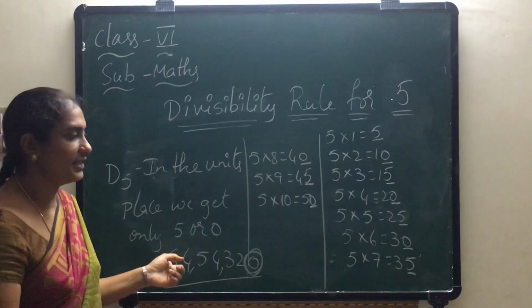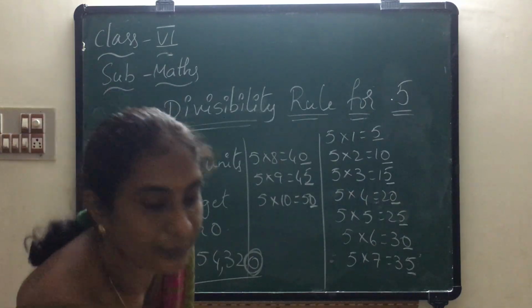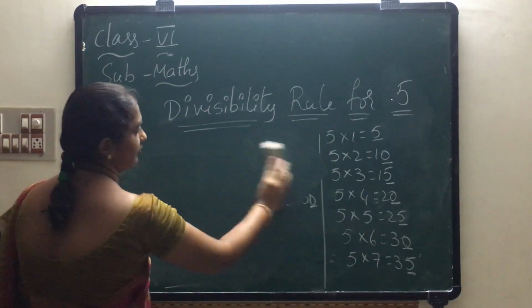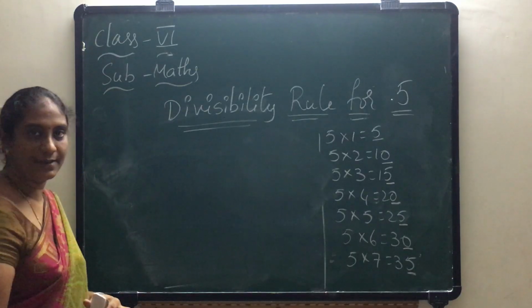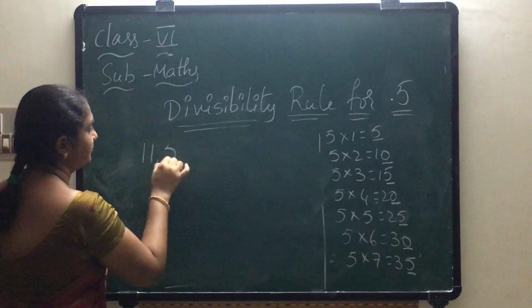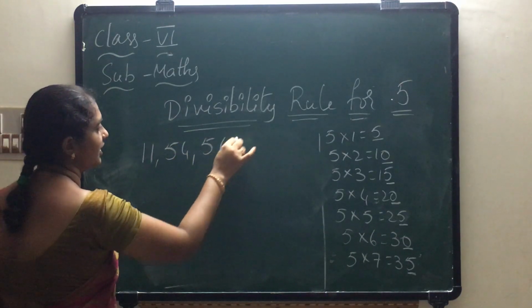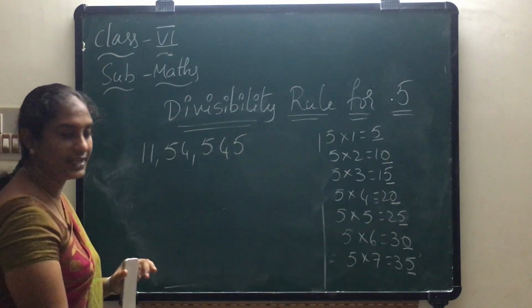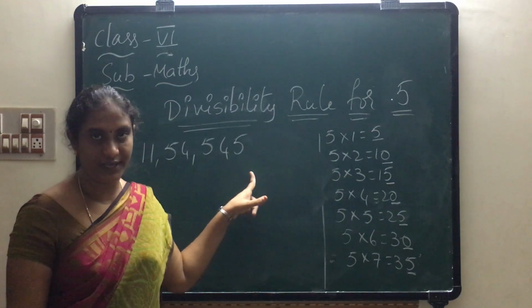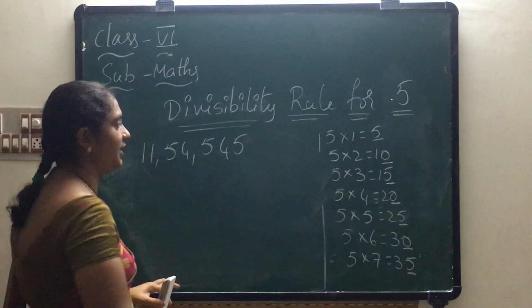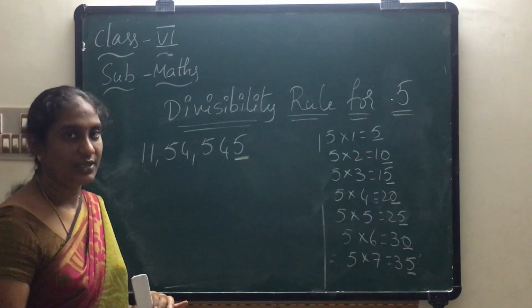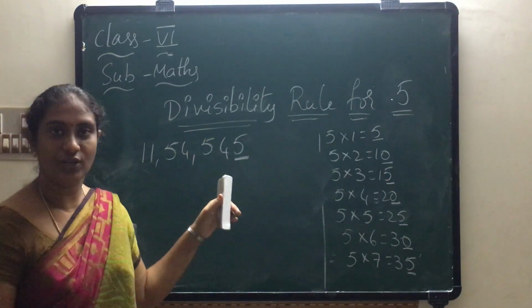Now let us see one example for you. What is the number? 11 lakhs 54,545. What is the number I gave here? Okay, children, now observe it. In the units place or ones place, what is the number we got here? 5. Means in the 5 table we have to see only 5 or 0.